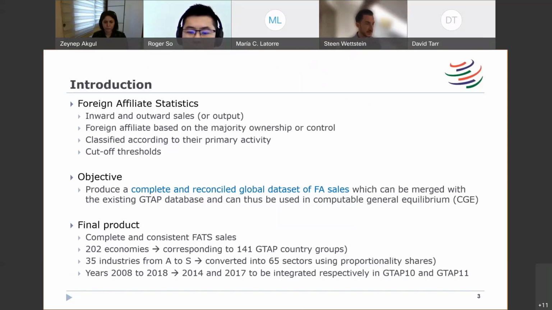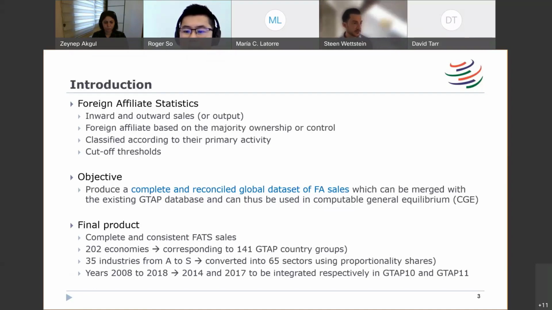Regarding the objective, it's very similar to what was presented before, and basically what we want is to produce a complete, reconciled, full global data set of foreign affiliate sales. The idea is also a data set that will be able to be merged in the GTAP database, and therefore used as an input in the CGE models.